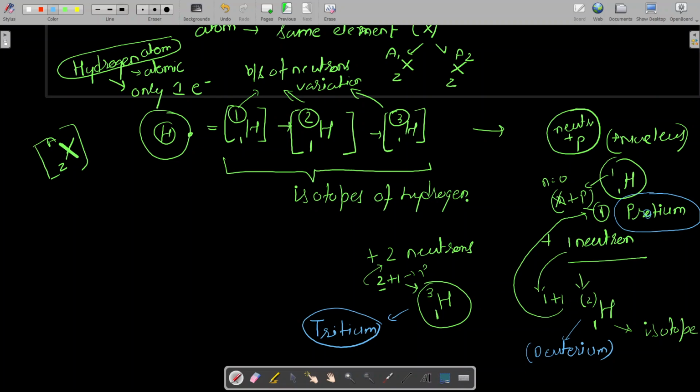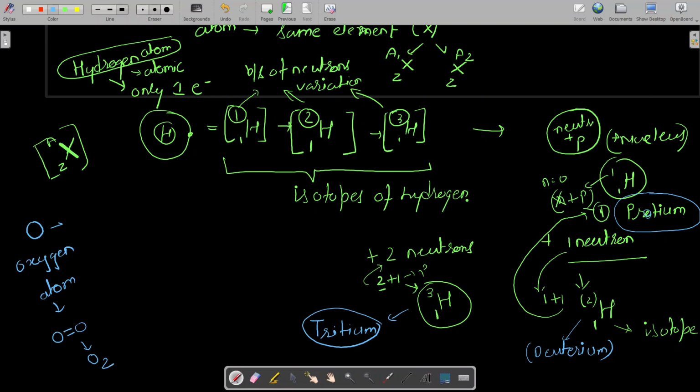Okay, so this is the basic concept of isotopes, and there are a number of isotopes present. For example, as we discussed hydrogen, the same with oxygen, as an atom of oxygen. When it becomes O and O bonding, now it becomes O2.